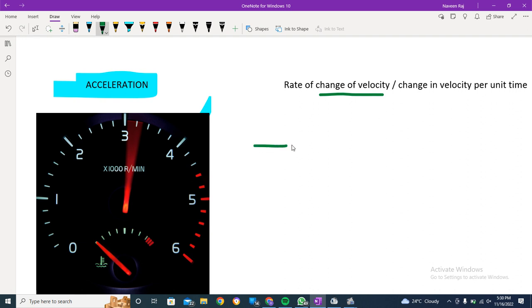For suppose you are moving from here, and then there is a speed breaker, you slow down, then again you speed up. This is a reducing point. This is the initial velocity vi, and this is the final velocity vf, and here it gets initial, and here it gets final.